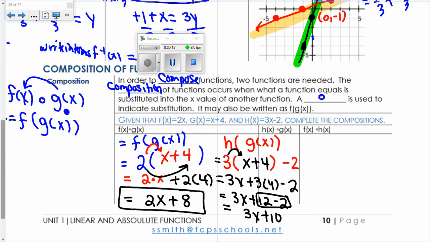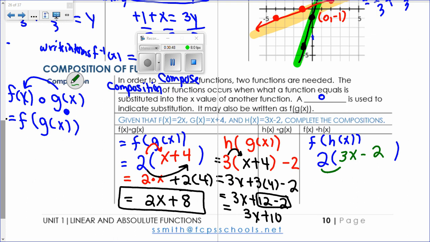The last one, we're composing f of x and h of x. So we have f of h of x. The second one always goes inside the first one. Now, f of x equals 2x, so 2 times something. 2 times what h of x is, 3x minus 2.